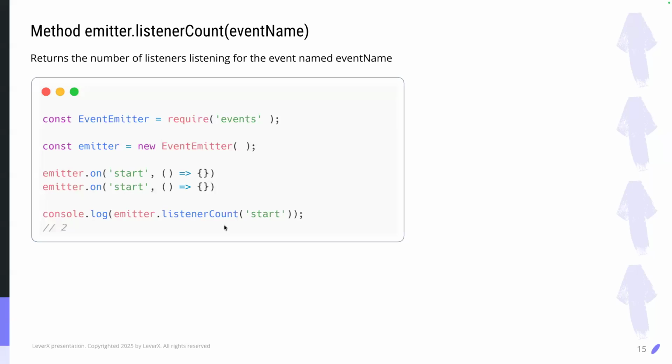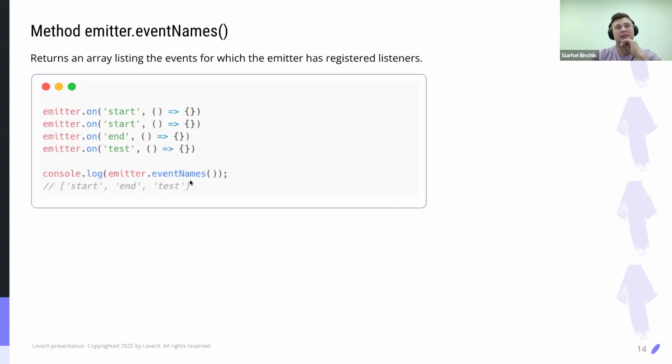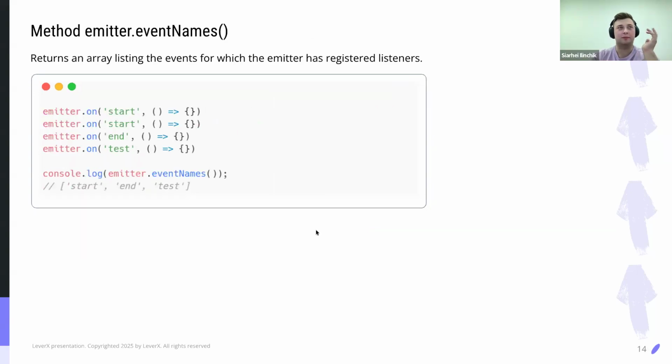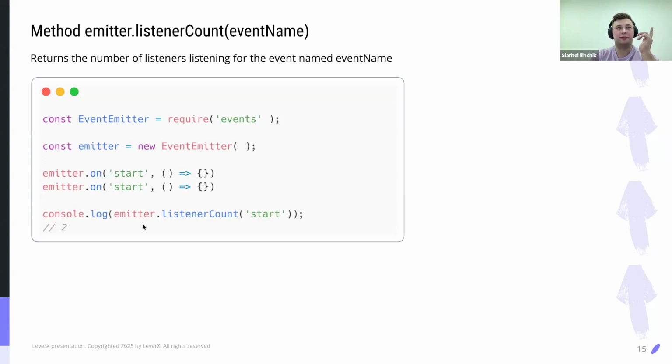So .once is more of a runtime thing. When you have zero events emitted, listenerCount would print as many listeners as are currently registered in the emitter object.